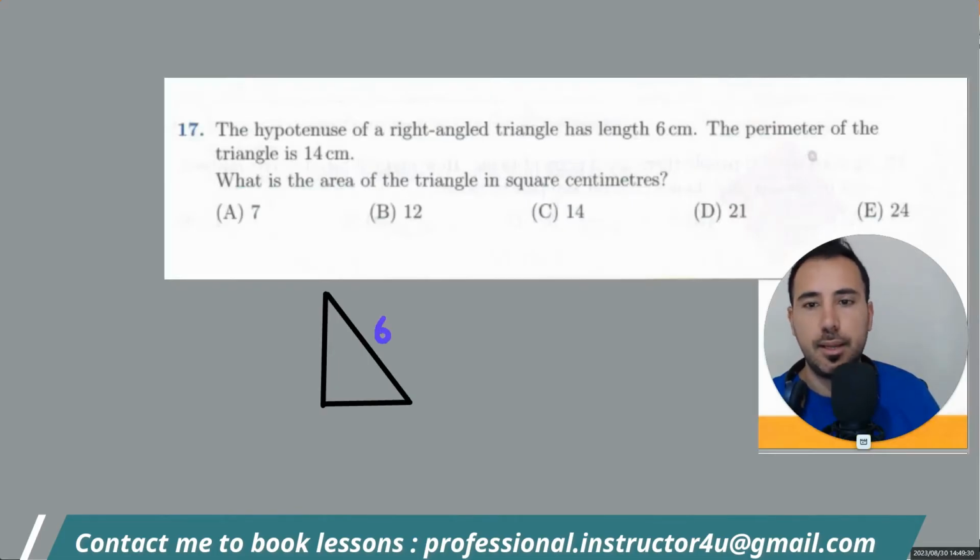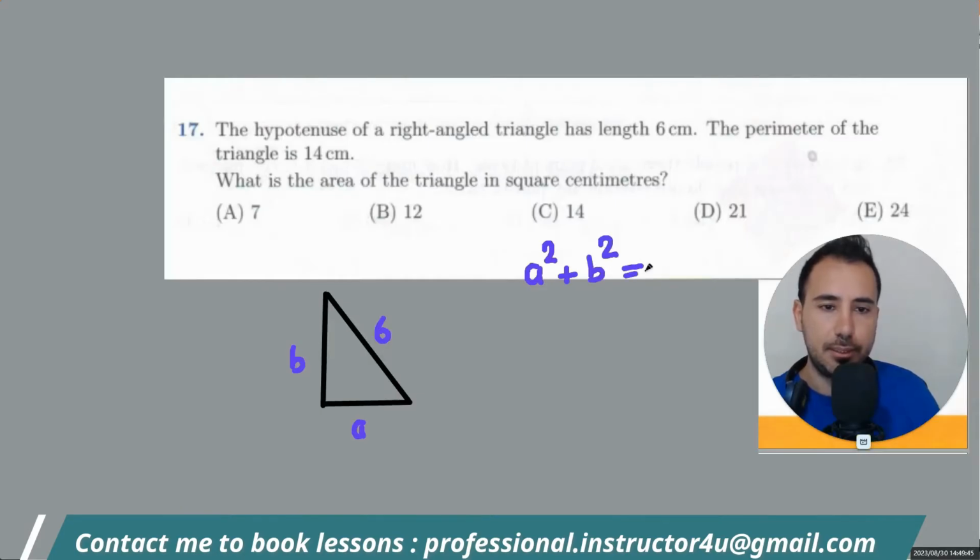If I'm going to call this one A, this is B. So we know two things. We know that A squared plus B squared is equal to 36, and we also know that the perimeter is 14. That means A plus B plus 6 is 14. So A plus B is equal to 8.